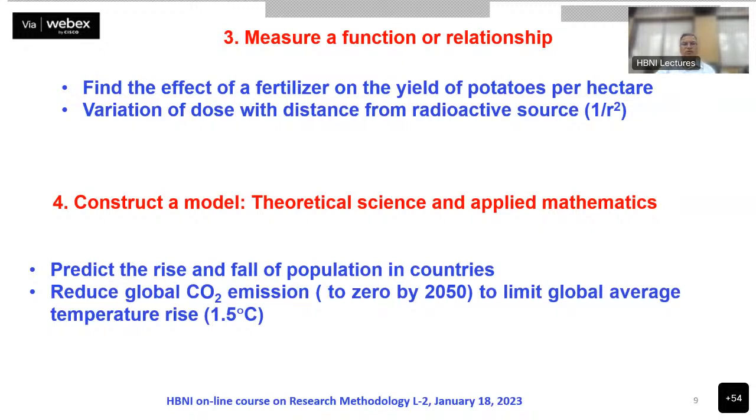And so all humanity, particularly the scientists, are worried how to apply brake to this. One of the options is that you reduce the emission of greenhouse gases so that the temperature rise will be less. So for this also there are models. When one is predicting that by 2050 we have to cut down the CO2 emission to zero, there must be some model people are working on that by this we can restrict the temperature rise to this. These are the kind of research the climate change scientists are doing.